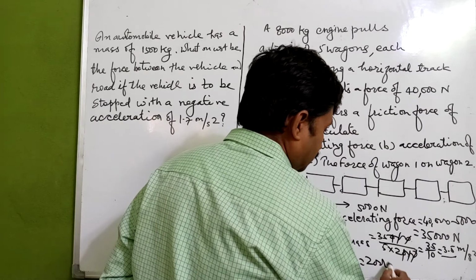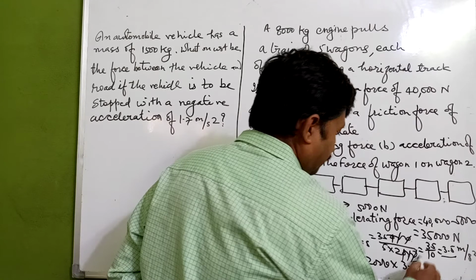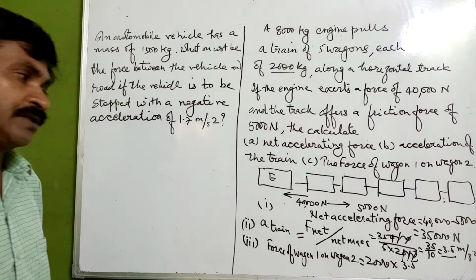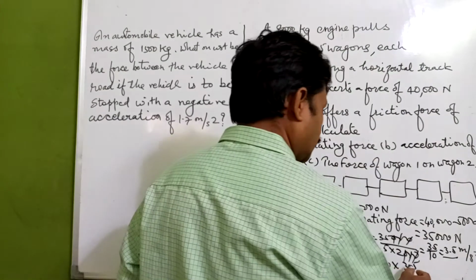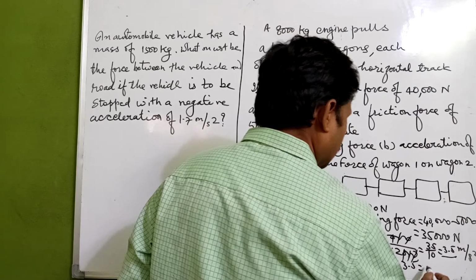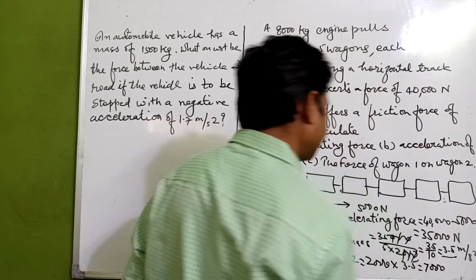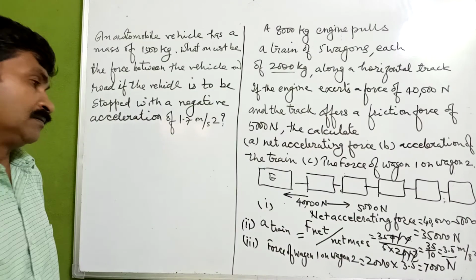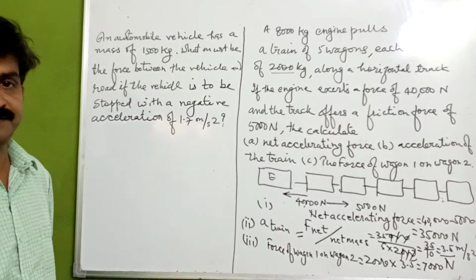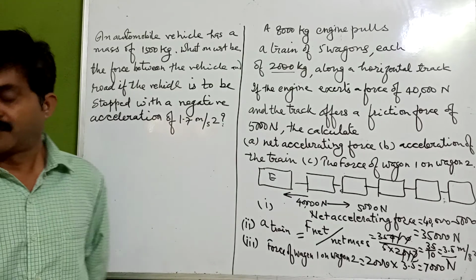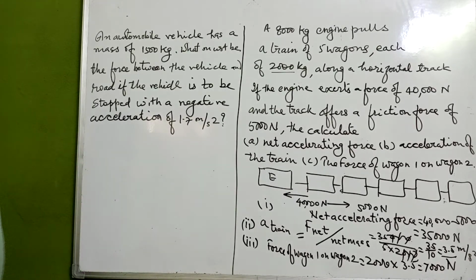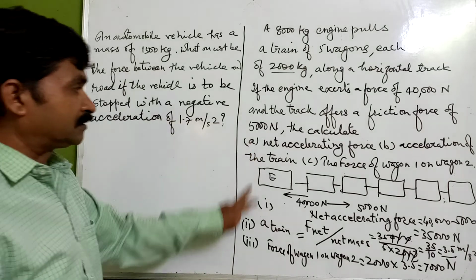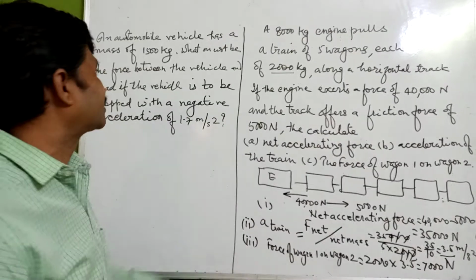So 2000 into 3.5 meter per second square. So the zeros are cancelled, and it is 7000 Newton. 7000 Newton force is acting on it. Now here we have got these three answers.